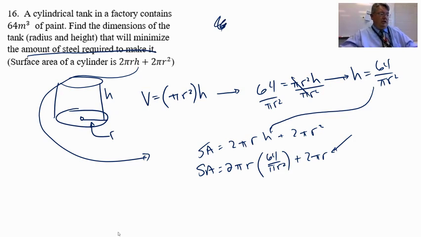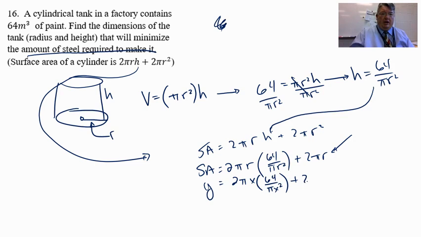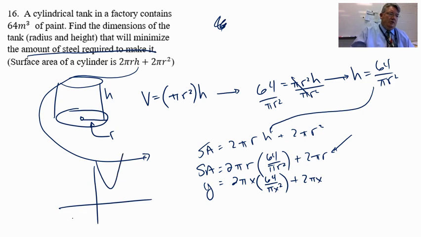What I did in Desmos is graph y equals 2 pi x times 64 over pi x squared plus 2 pi x. I got something that looks like this. There is something over here too, but I don't care about it because x can't be negative, since I'm using x for my radius.